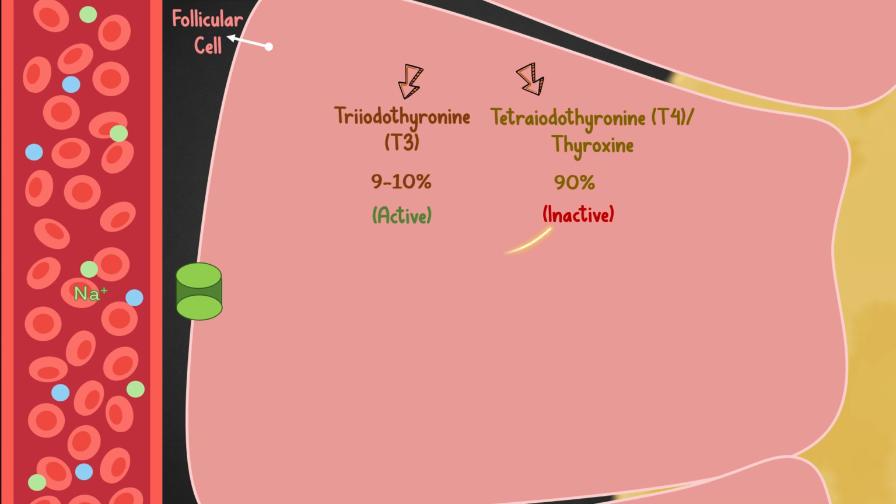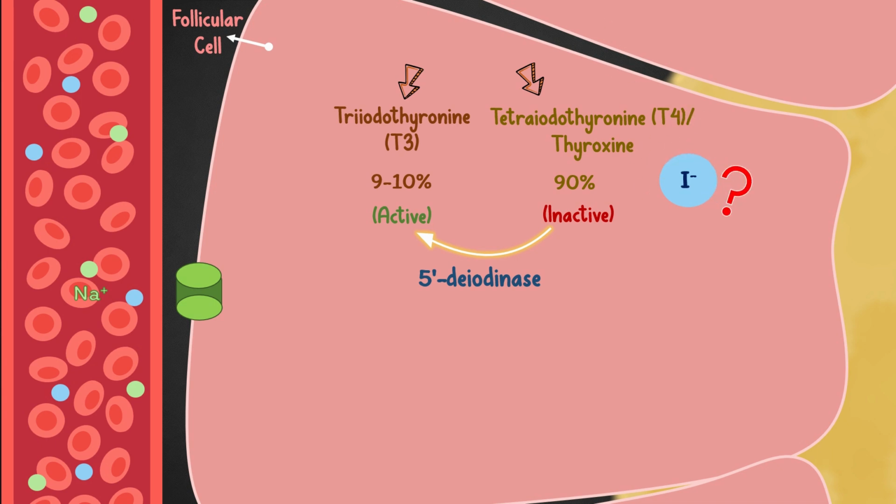So, T4 is converted into T3 by the cells in various organs of the body, with the help of an enzyme 5-deiodinase. Well, these hormones require iodine, or iodide, for their production. Where does the iodine come from?